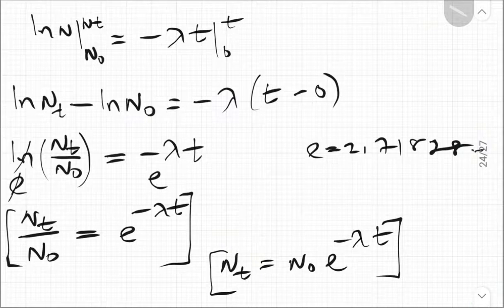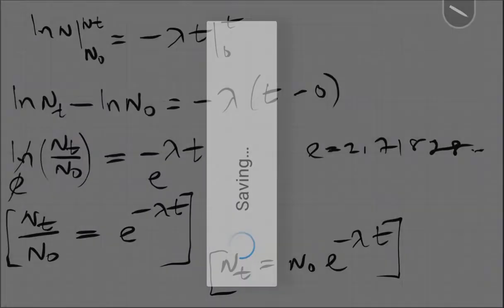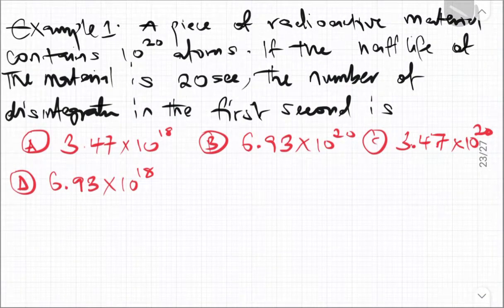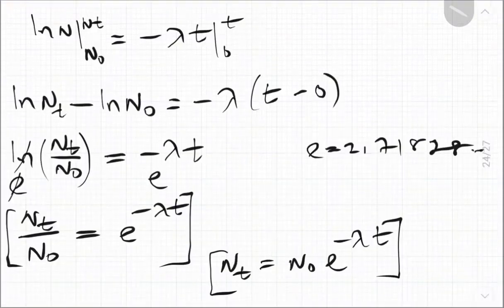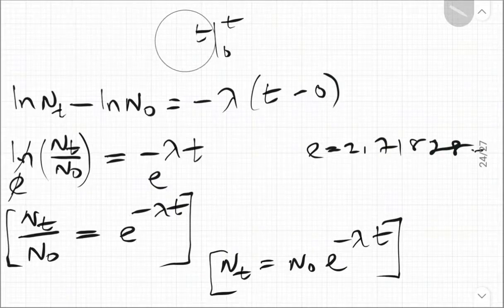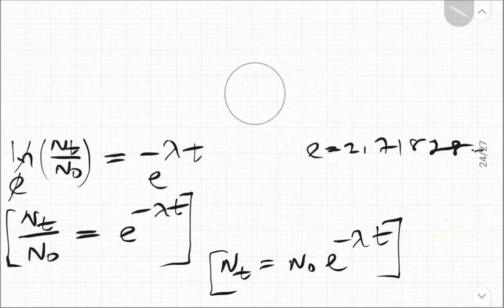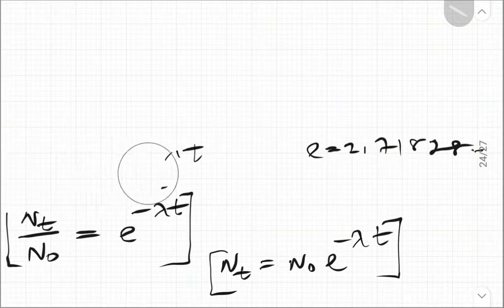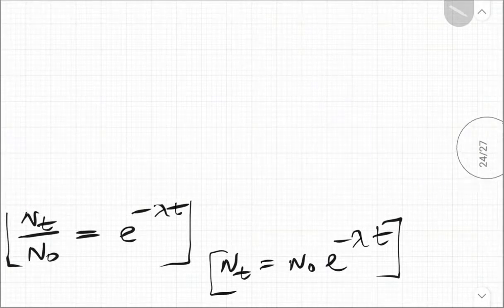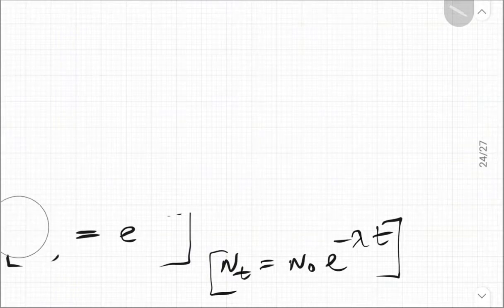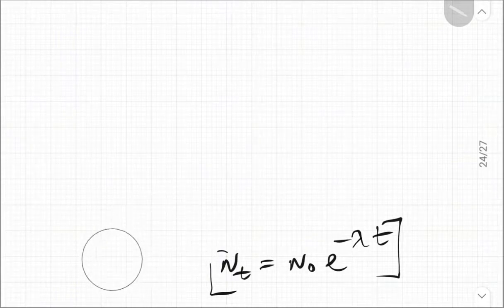So let's use this to derive the formula for half-life. Of course, in previous videos we saw the relationship between half-life, the disintegration constant, and the fraction that remains, the fraction that decayed.